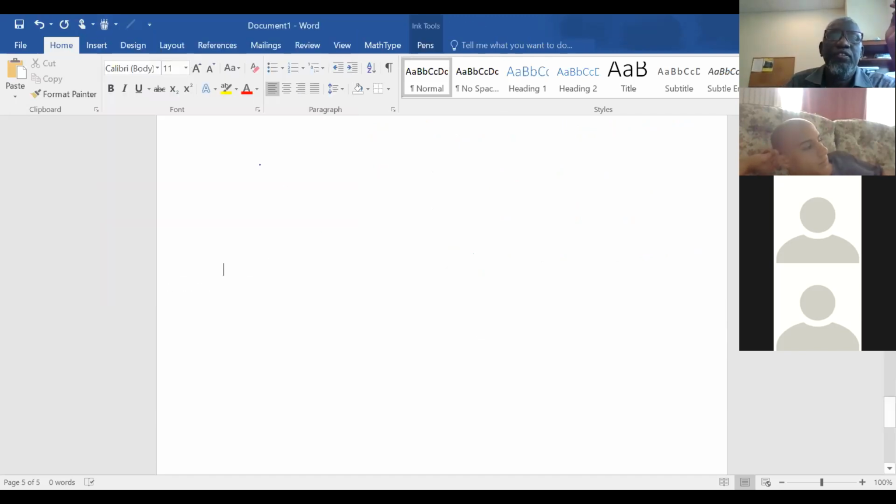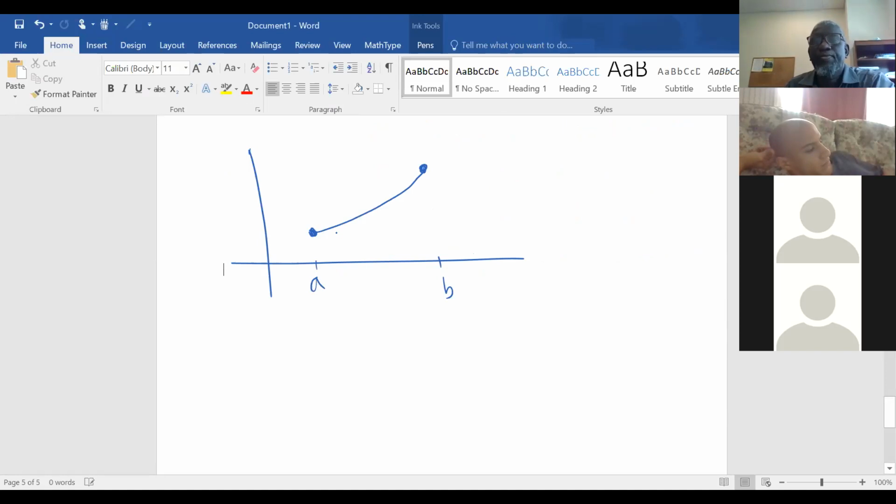You see, for instance here, if you have A, B, this function is increasing, is going up from left to right, right? So you see, f is increasing on AB.